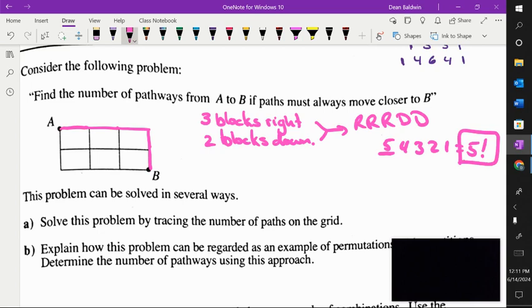No, it's a permutation, because the order matters. Since there are multiples of R's and multiple D's, that counts as repetition. Yes. So it's 5 factorial divided by 3 factorial, 2 factorial. So there's 10 ways to go from A to B. You can do that by using Pascal's triangle as well.